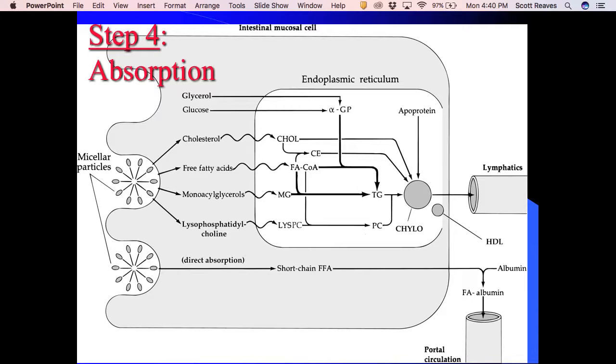Now the enzyme that does this reaction is called acyl-CoA synthetase. It's the one that combines that fatty acid with coenzyme A.